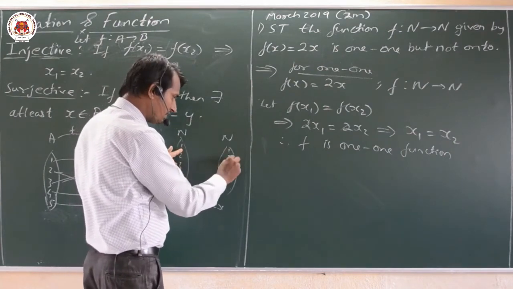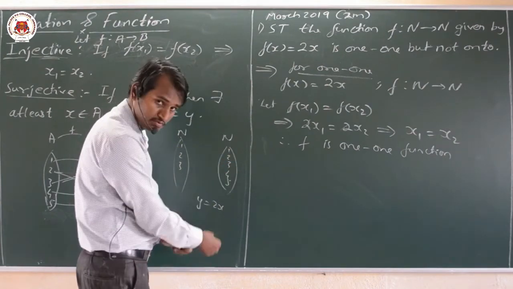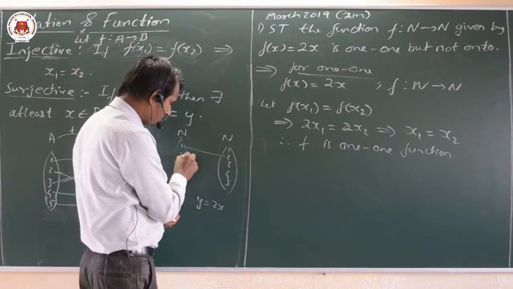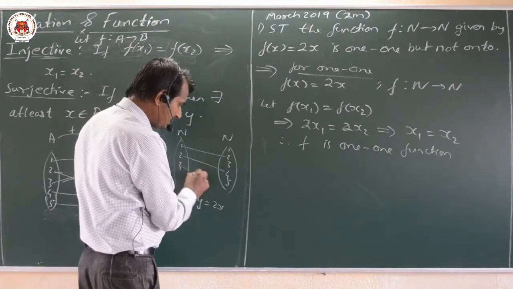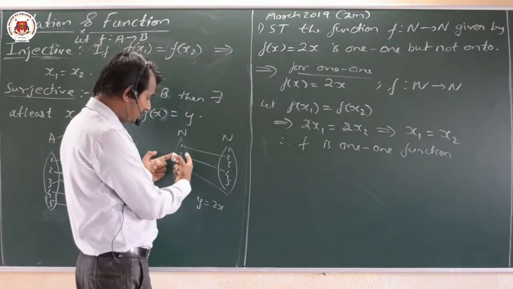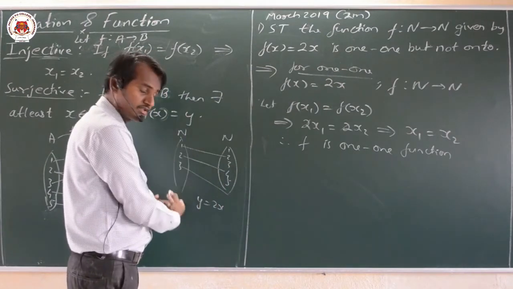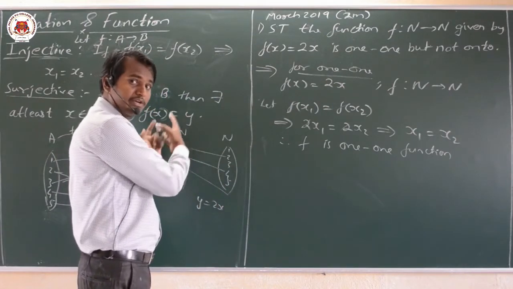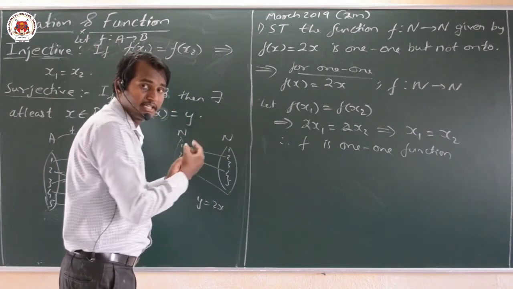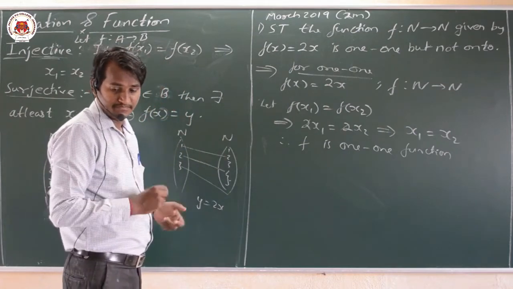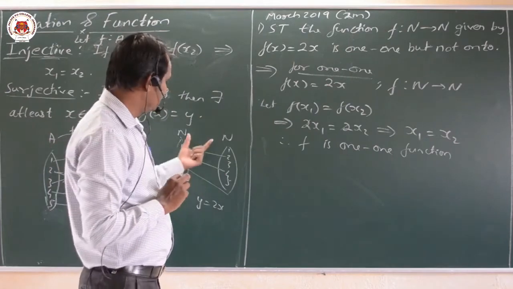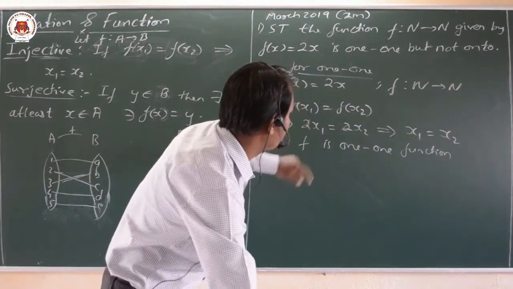For 1 we have 2, for 2 we have 4, for 3 we have 6, and so on. For different values of the set A, we have different images in the set B. Like that also we can understand here. But while solving the problem, this particular method we have to apply.